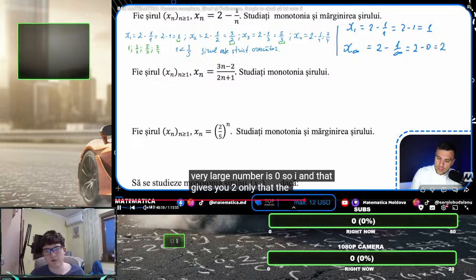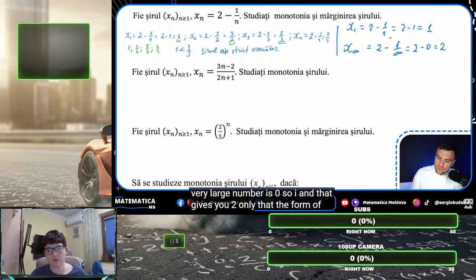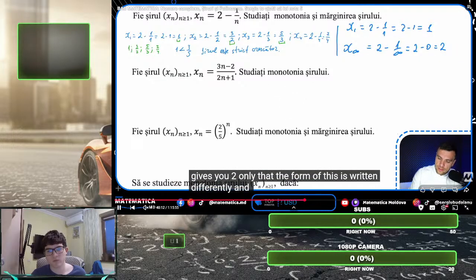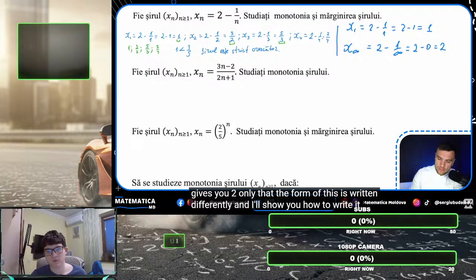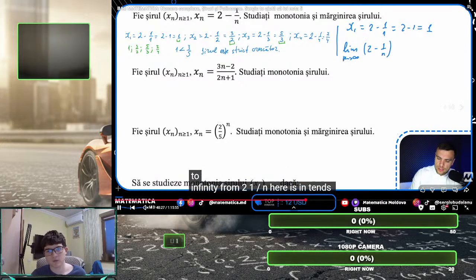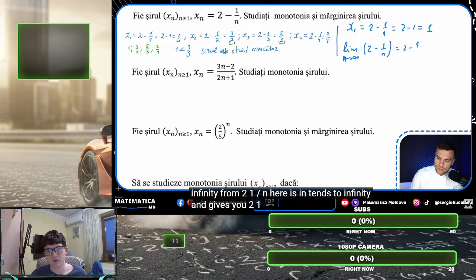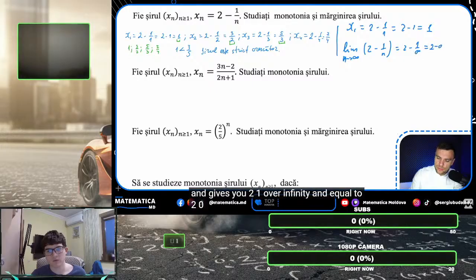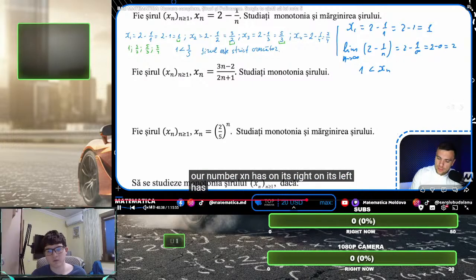I think if we put x to infinity, we find out the marginalization. Okay, so x to infinity is going to be that. 1 divided by infinity, that's 0. And we got 2. So, limit. We just did x to infinity, so we can also do the limit.